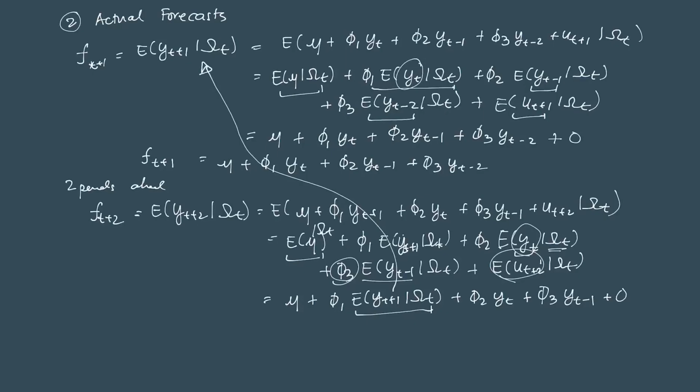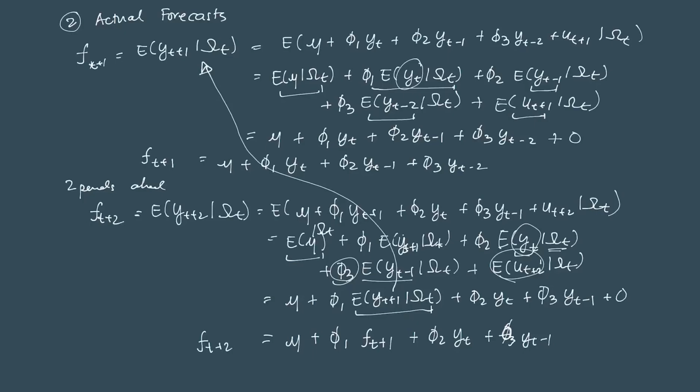What we can do is plug in the value of our 1 period ahead forecast into our estimation to get the actual value for our 2 period ahead forecast. So that's possible. This reduces to mu plus phi 1 ft plus 1 plus phi 2 yt plus phi 3 yt minus 1. And that's our forecast 2 periods from now.